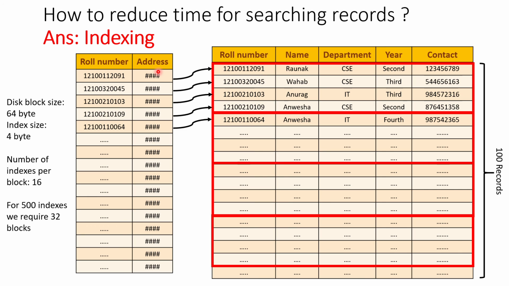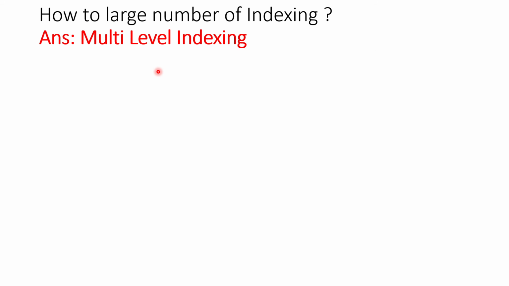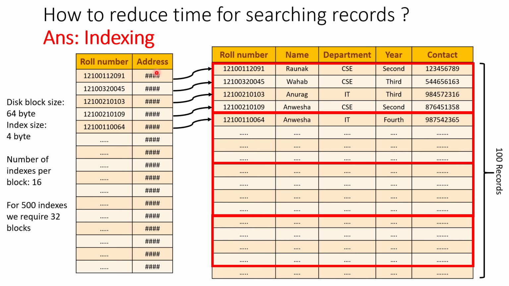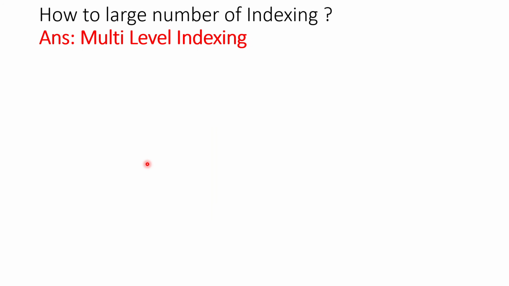For example, if I consider that we have a large index table, say we have 500 entries over here, or if I need 5,000 entries, then the index table is also large. So in that case, is there any way to minimize much more? The answer is what we call multi-level indexing.